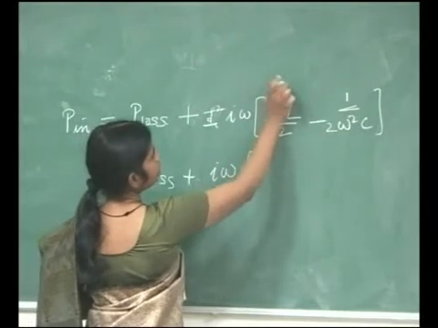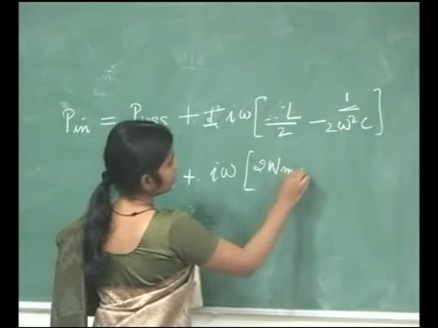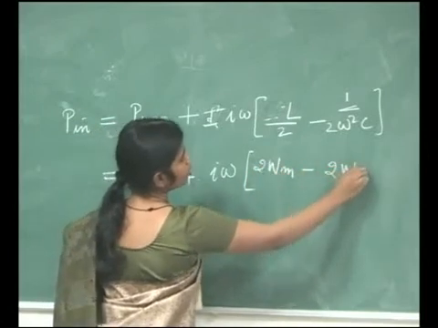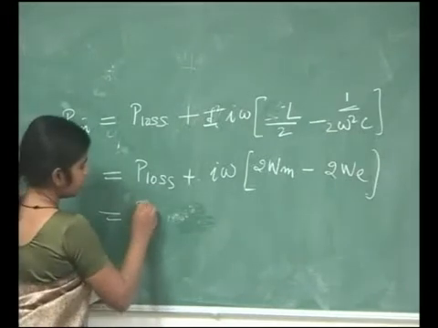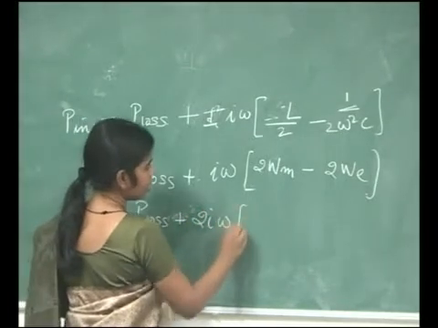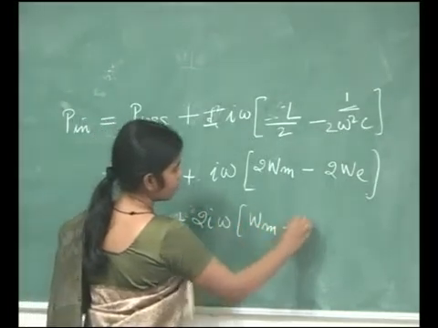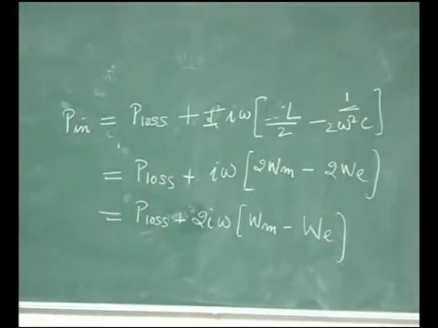So I have 2 omega Wm minus 2 omega We. Is it okay now? So I have here P loss plus 2 j omega times Wm minus We. This is the total power given by the source per cycle to the circuit.